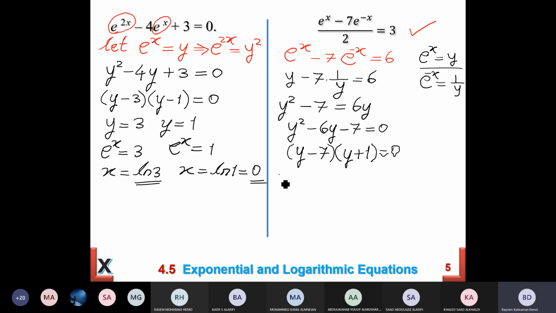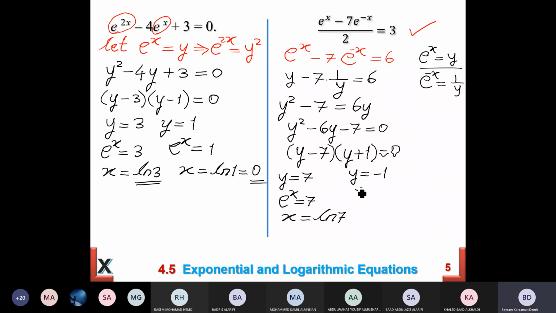The first solution for y is 7. Since y is e to the x, e to the x is equal to 7, that means x should be ln of 7, right?